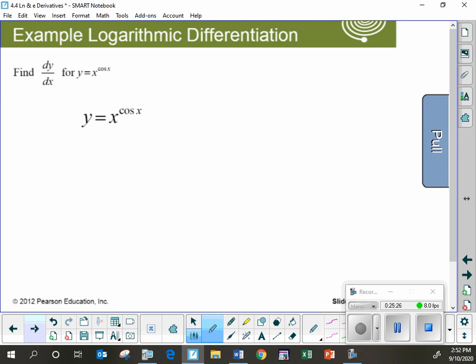And sometimes it is clearly the case that I have to do it because I've got my variable sitting in the exponent, which kind of stinks. Variable in the exponent. So how do you deal with that?